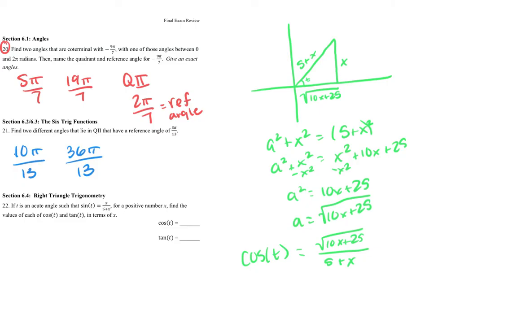And then tangent is just going to be sine over cosine. We could do a big fraction, or we can just multiply by the reciprocal. So tangent of t is equal to sine, which we said was x over 5 plus x, times the reciprocal of cosine, so 5 plus x over the square root of 10x plus 25. These are going to cancel, so this is equal to x over the square root of 10x plus 25.